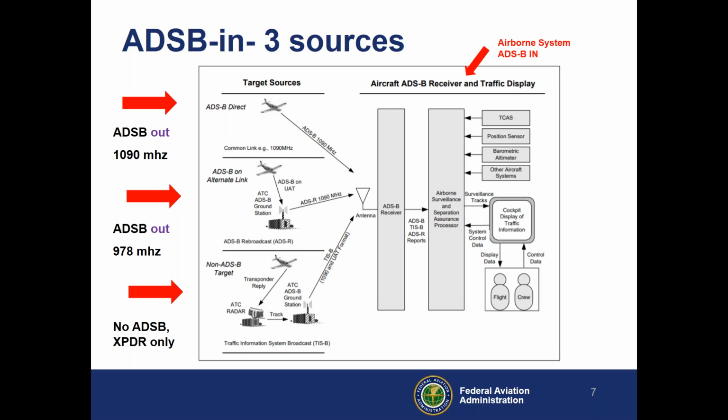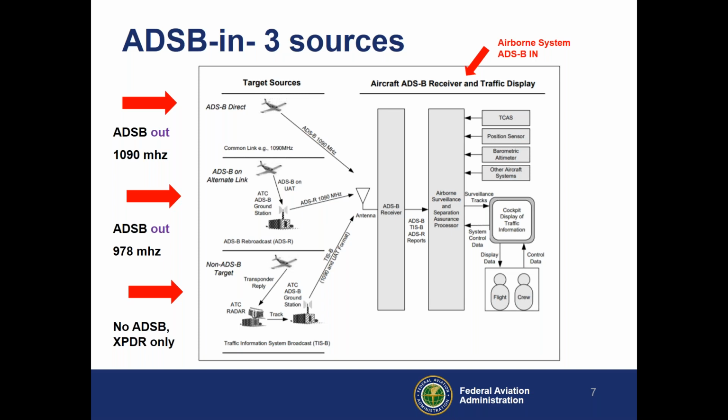It's an aircraft that has ADSB Out and it's transmitting on 1090 megahertz. The middle aircraft is considered alternate link. It's an ADSB Out system that's on the UAT frequency of 978 megahertz.